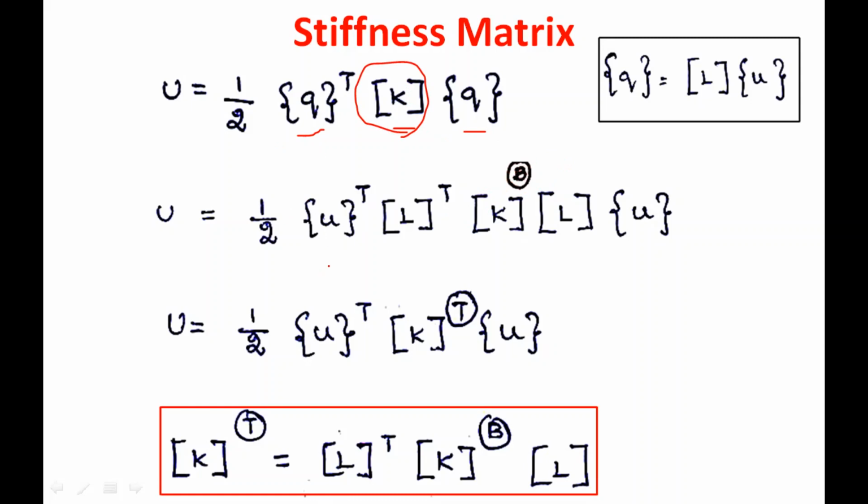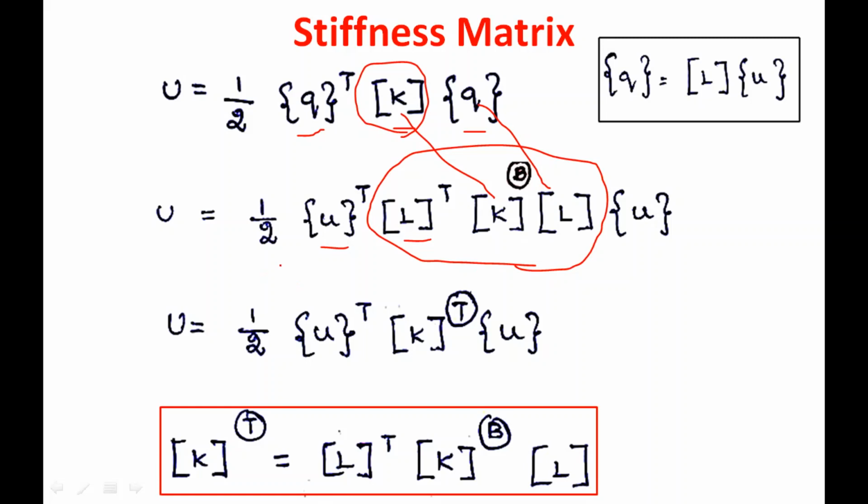Now q is nothing but L multiplied by u, and q transpose is u transpose L transpose. So here we are just interchanging the L and u. So u transpose, L transpose, then this K as it is, and for this q we are writing L into u matrix.